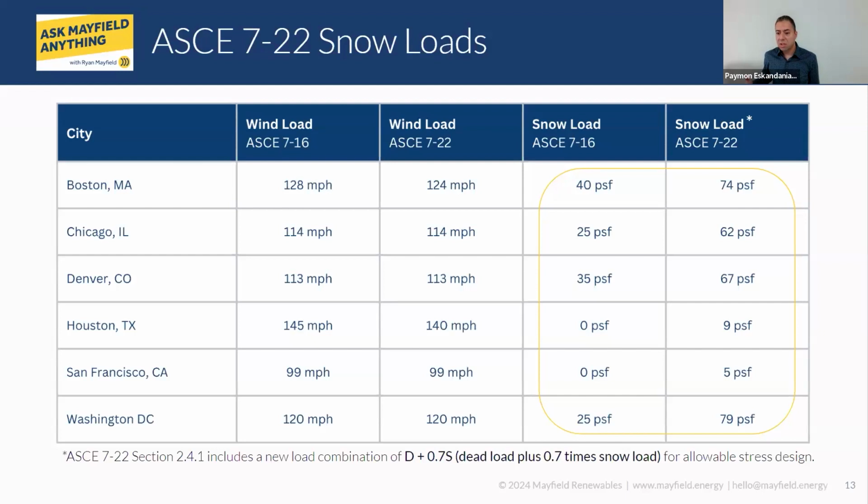But on the structure side, where you're doing a structural evaluation to see if the roof can withstand the added loads due to PV, they make you check for all these different combinations of loads. And so if the snow load increased and the original structure wasn't designed for that magnitude of snow, then there's a chance that you're going to end up with rafter upgrades.